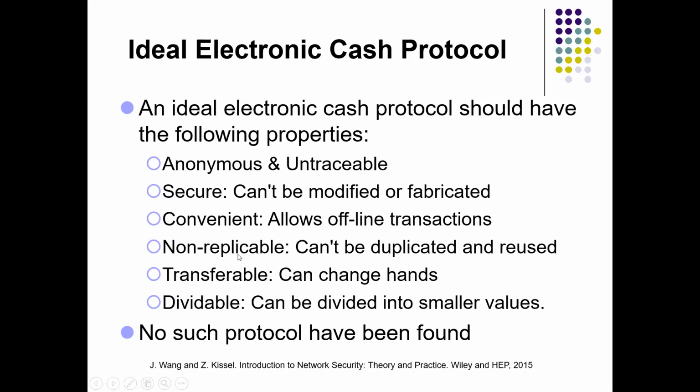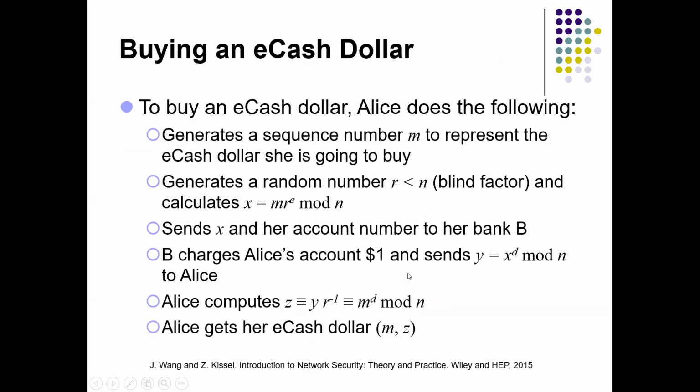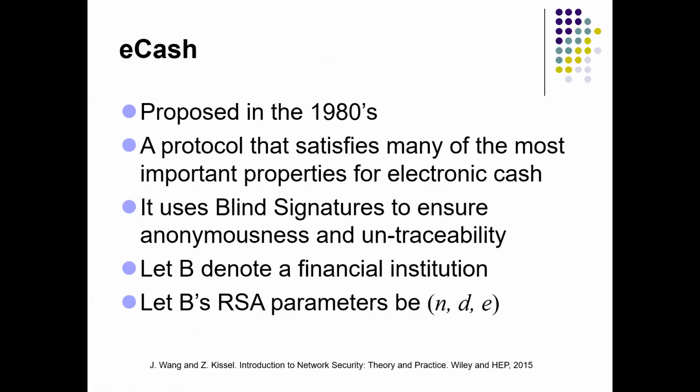And it has to be non-replicable, meaning that only one copy can be used. This is electronic cash, so it's easy to make a copy of it, but only one copy can be used. And it's transferable, because it's easy to understand: you can give this copy to somebody else, and that person can use it as cash.